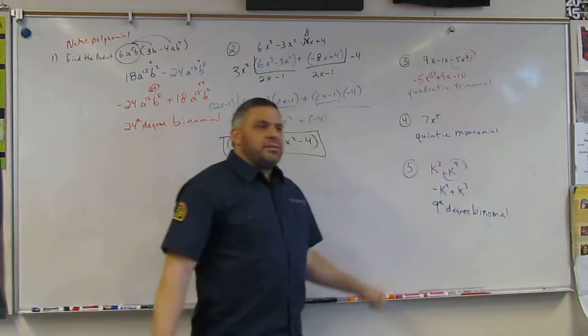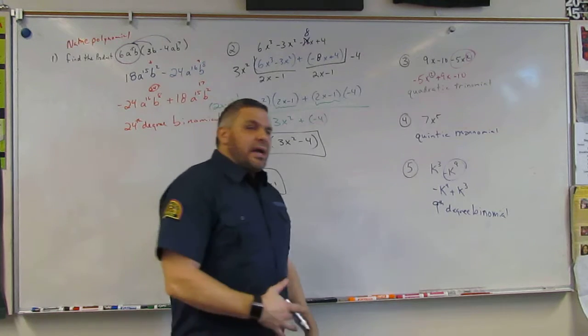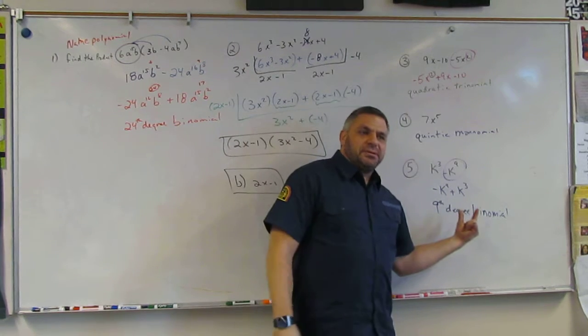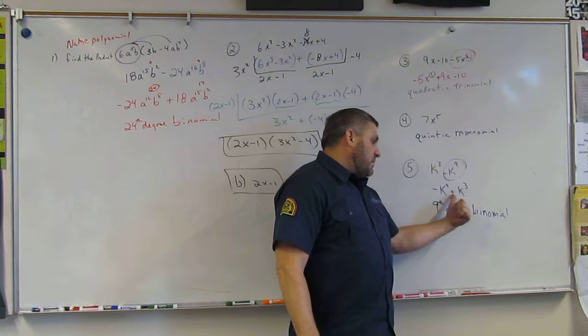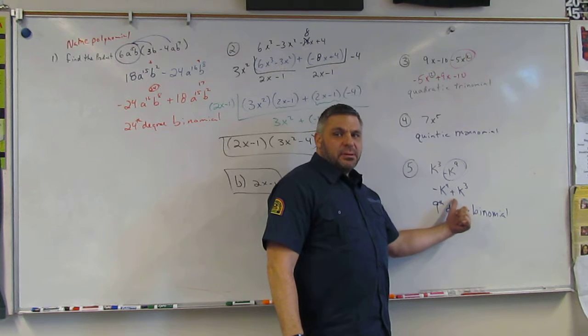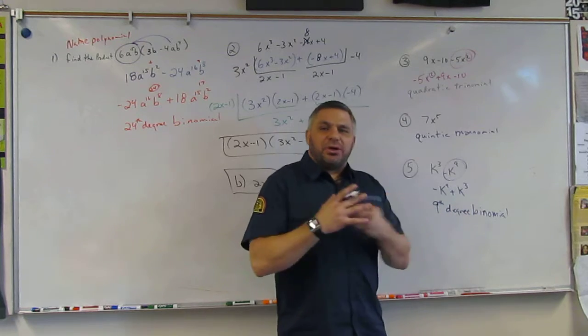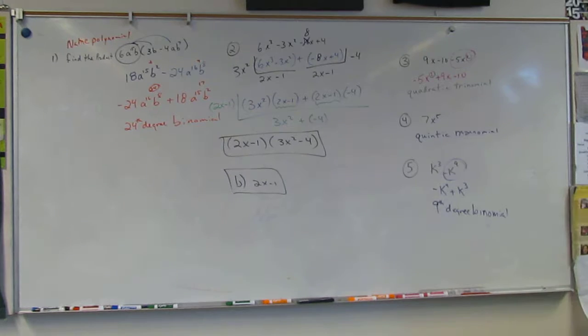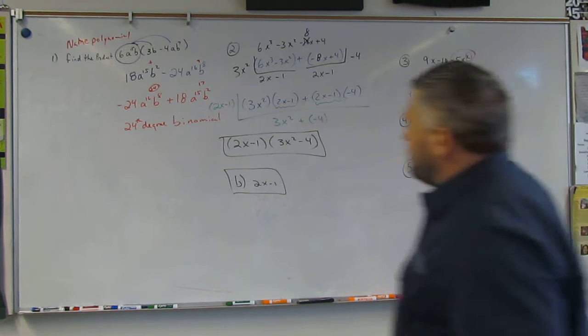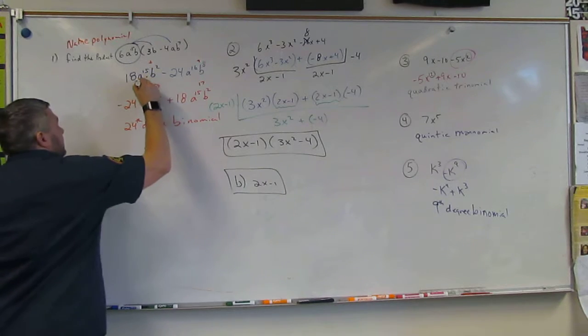Okay? 9th degree binomial. Why is it 9th degree and not 12th? Because these are adding. Okay? If it was multiplying, right? We would add those exponents. Does that make sense? No, not really. Alright, look. Are these multiplying?